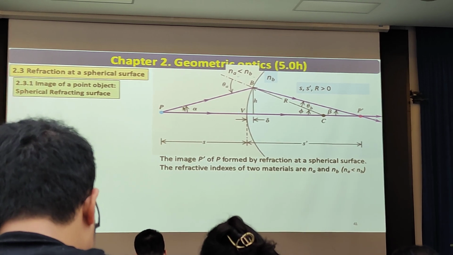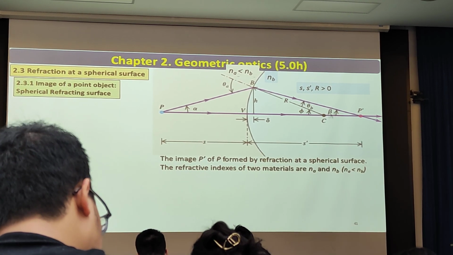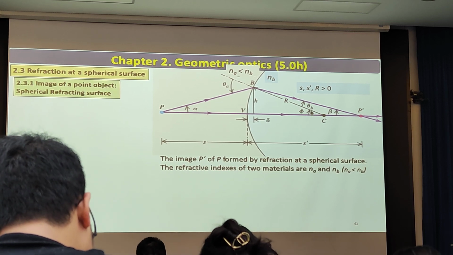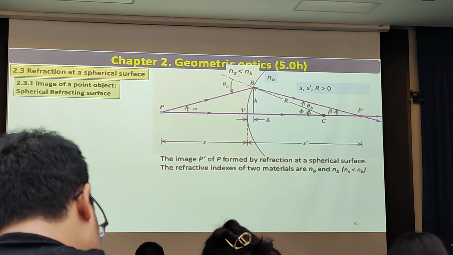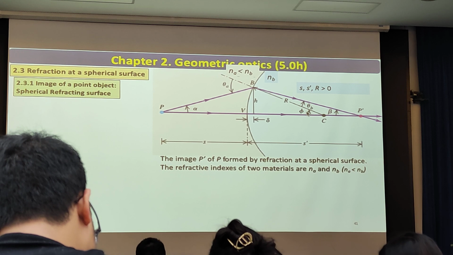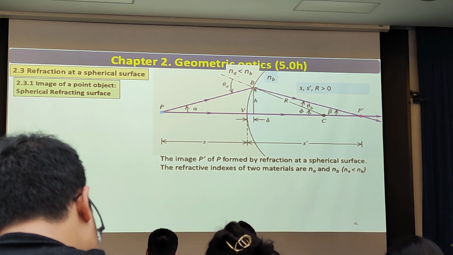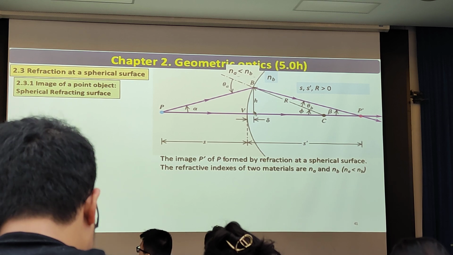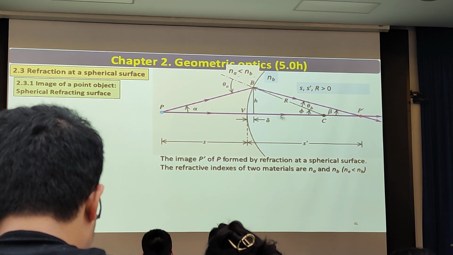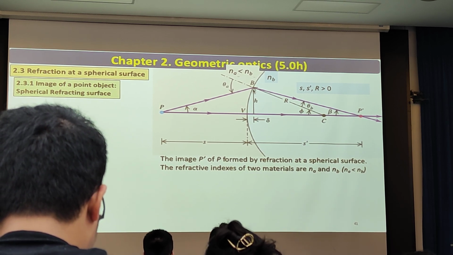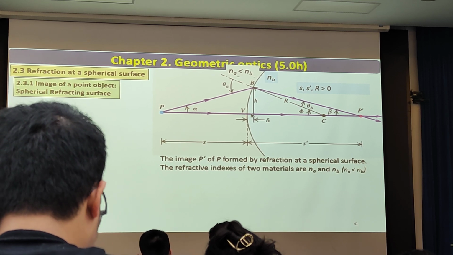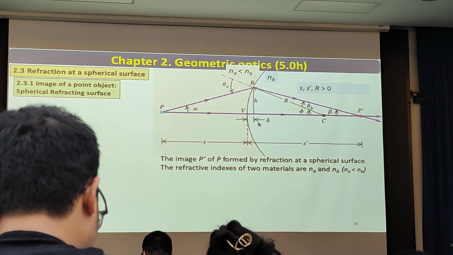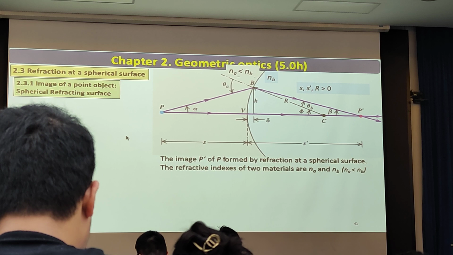Here we denote alpha, here we denote beta, and here we denote phi, similar to what we just did in the part on reflection. And we also draw the collision point B. You put this line perpendicular to PC here. We have the distance h, and this small distance is delta, very similar to what we just studied.